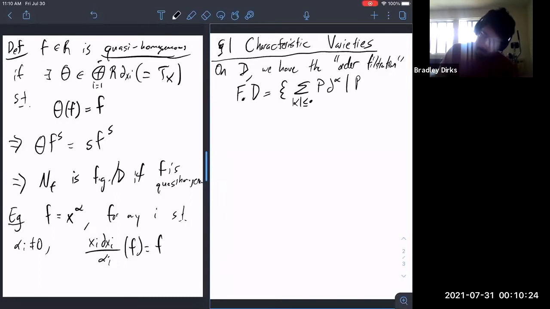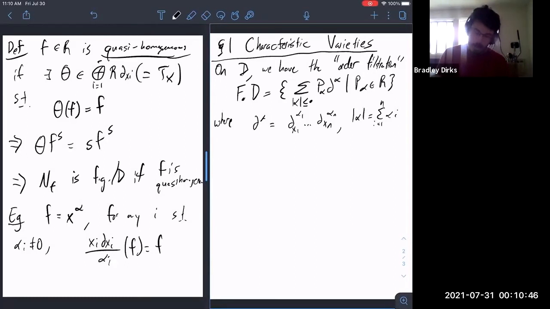And these P alphas are polynomials, where D to the alpha is dx1 to the alpha 1 through dxn to the alpha n, and size of alpha is just the sum of the alpha i's.